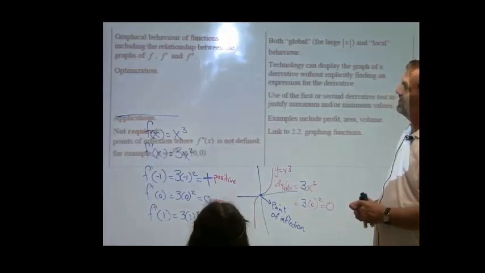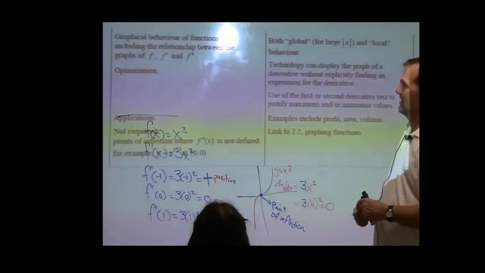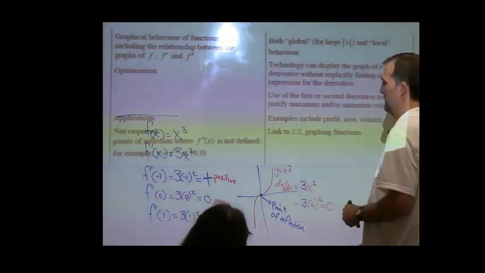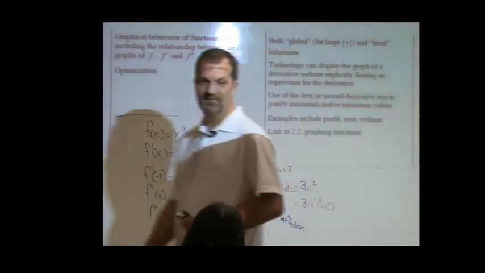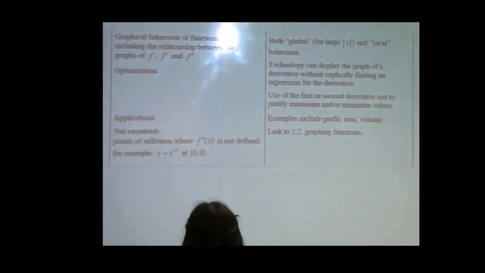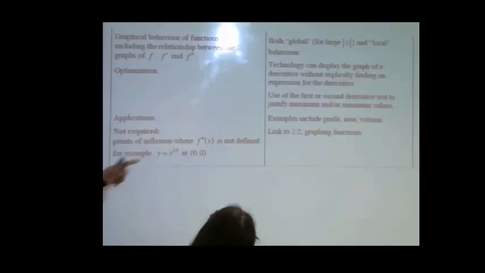The graphical behavior of the functions, including the relation between those, optimization, and not required, points of inflection where the second derivative is not defined. Is that what you were looking at, Nadine? What this means is when you do your second derivative and put the number in, being undefined is like you get a fraction dividing by 0.